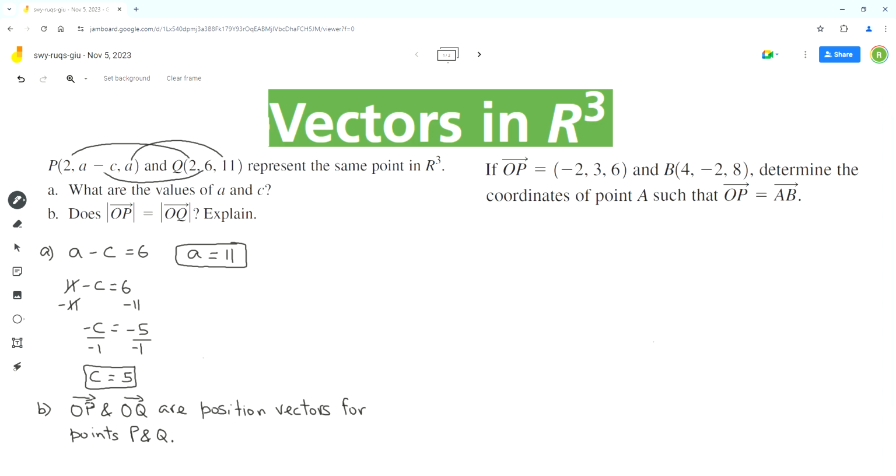Now, the magnitude of OP represents the distance from point O to point P. Similarly, the magnitude of vector OQ represents the length of the vector or the distance from point O to point Q. Since P and Q are the same point, that means the distance from point O, the origin, to P and Q should be the same. So we can explain that.